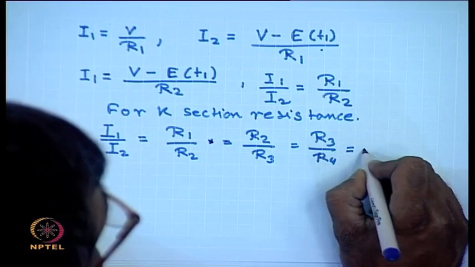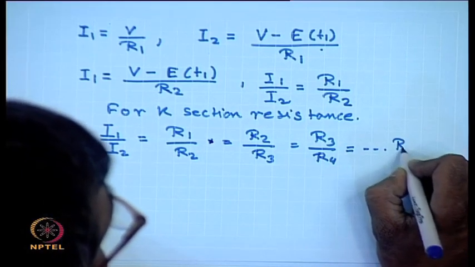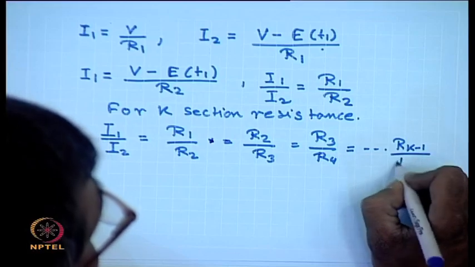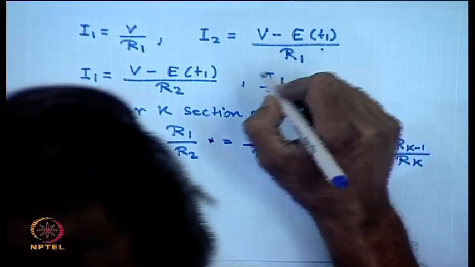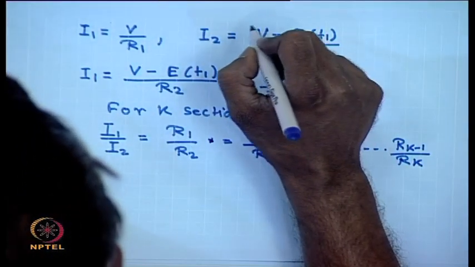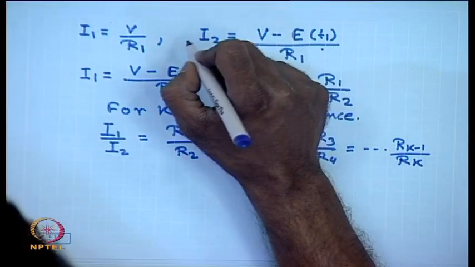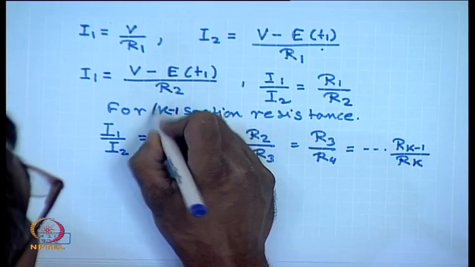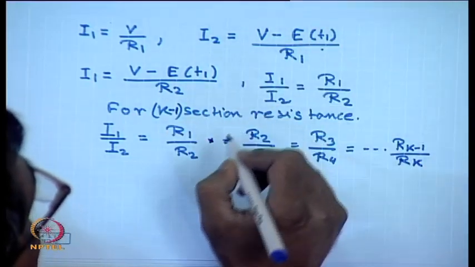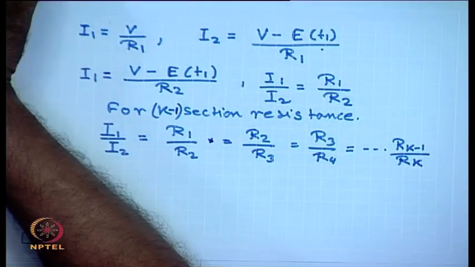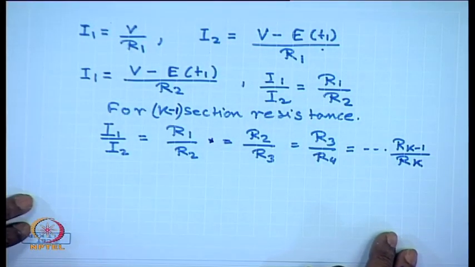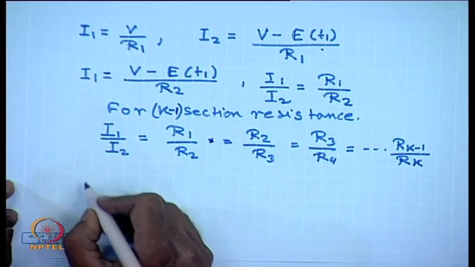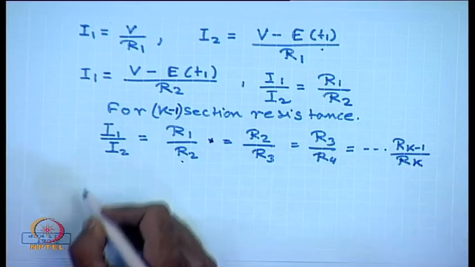And finally, R_{k-1} by R_k. For k starts, that is k minus 1 sections of external resistance. So, there are k such terms.